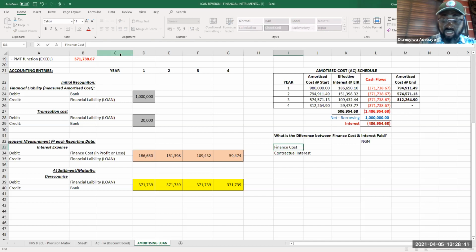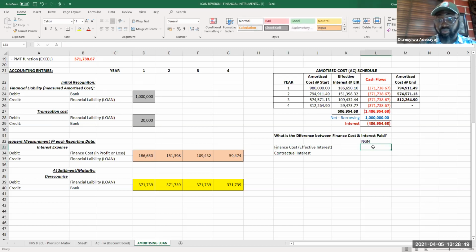Finance cost is your effective interest. Which is this and this. The difference between the two is your transaction cost in this case, which is 20.